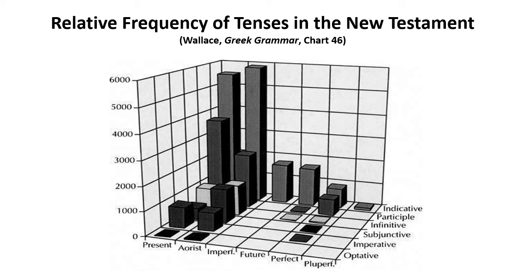They could have used the aorist, present tense, imperfect, future, etc. But why did they choose to use the perfect tense? Well, because it's used so infrequently. When it is used, it often has significance. And I'll give you a couple of examples in our next slides.